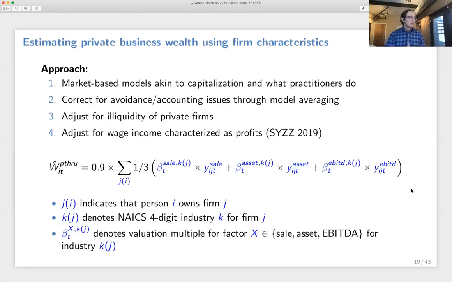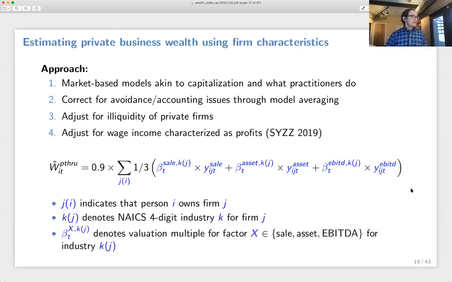Where do we get our market multiples? We're taking from Compustat at the 4-digit industry level for each year the aggregate value divided by the aggregate flow for each industry. For industries that aren't well represented in Compustat, we're going to use the market aggregate.